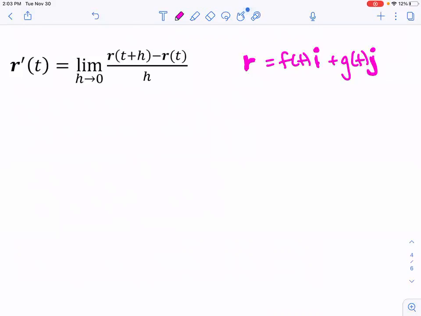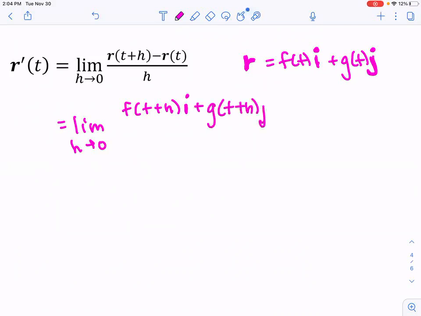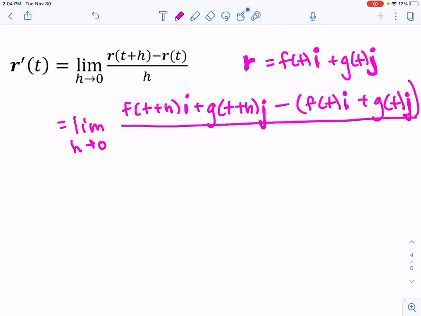Well, then this would make this the limit as h approaches 0 of f of t plus h i plus g of t plus h j minus r of t, which would be f of t i plus g of t j, all over h.